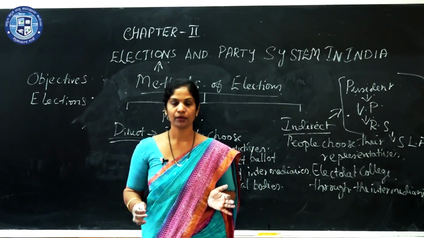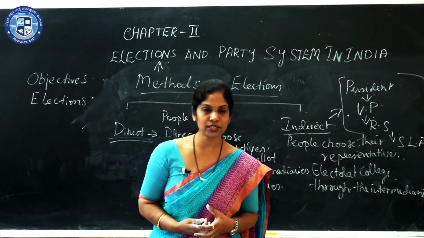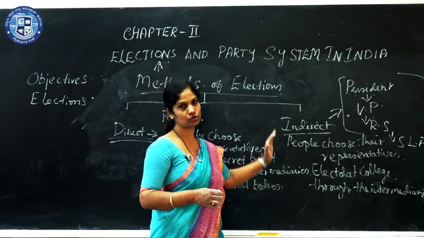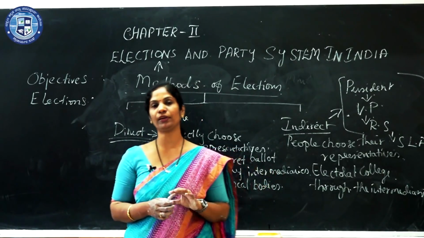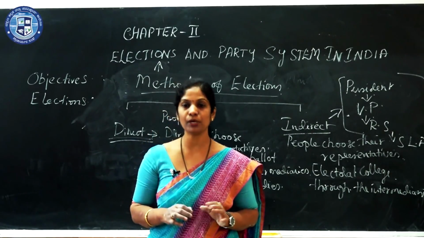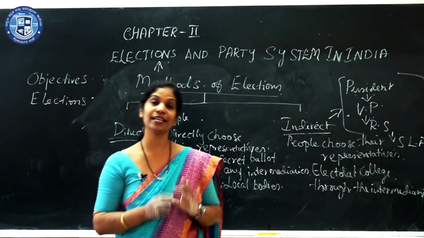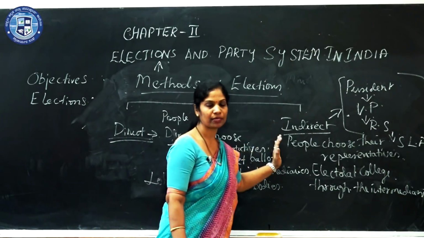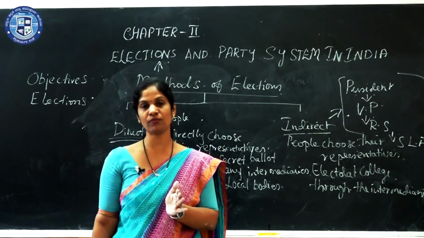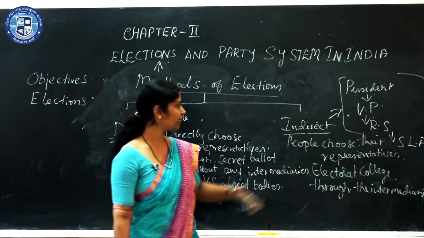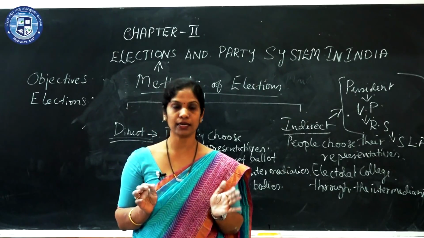So the government has to spend money from the national exchequer for the procedure of elections and voting. If it is an indirect method of election, there is little scope for the people to take part in the election, so it is known as less expensive. That is why we consider the indirect method of election suitable for developing countries.